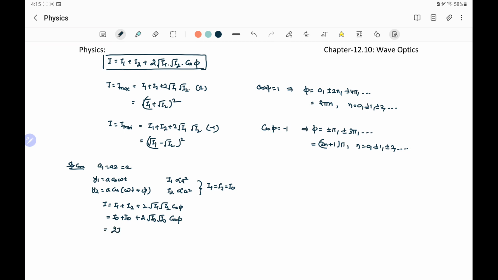This is equal to 2 I naught plus 2 I naught cos phi, and it is equal to 2 I naught, 2 I naught is taken common, remaining is 1 plus cos phi. Using the trigonometrical relation that 1 plus cos phi is 2 cos square phi by 2, it is 2 I naught into 2 cos square phi by 2. Hence, resultant intensity after superposition of two waves will be 4 I naught cos square phi by 2.